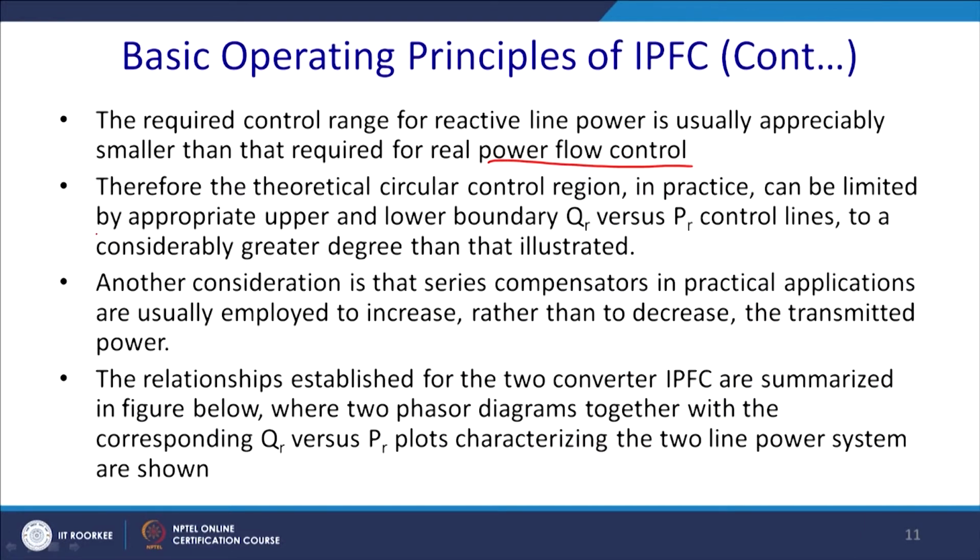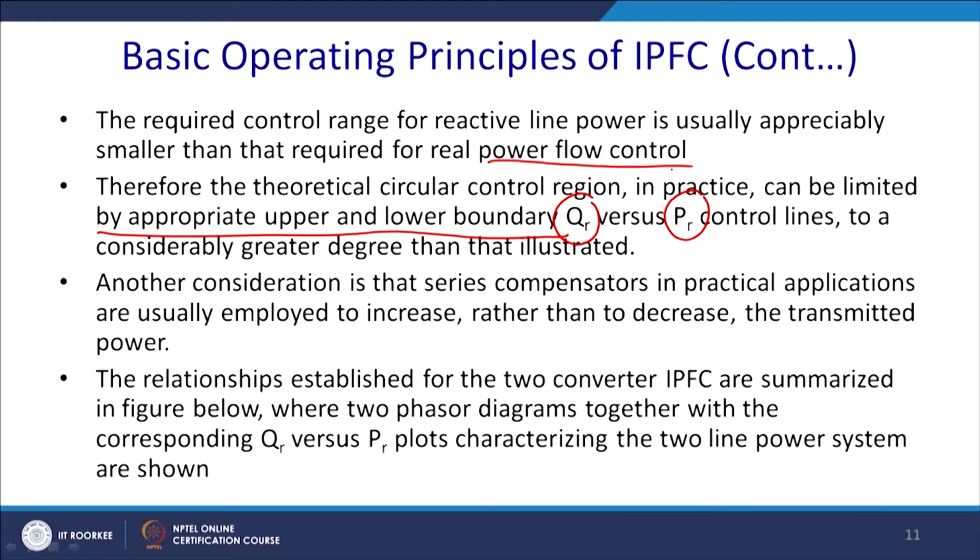Therefore, theoretically the circular region which we have shown, that P and Q are balanced, is not so in practice. So, basically we have to inflate the diameter along the P, thus it becomes an ellipse. The circular region in practice can be limited to an appropriate upper and lower boundary of QR and PR line control to a considerably greater degree than has been illustrated.